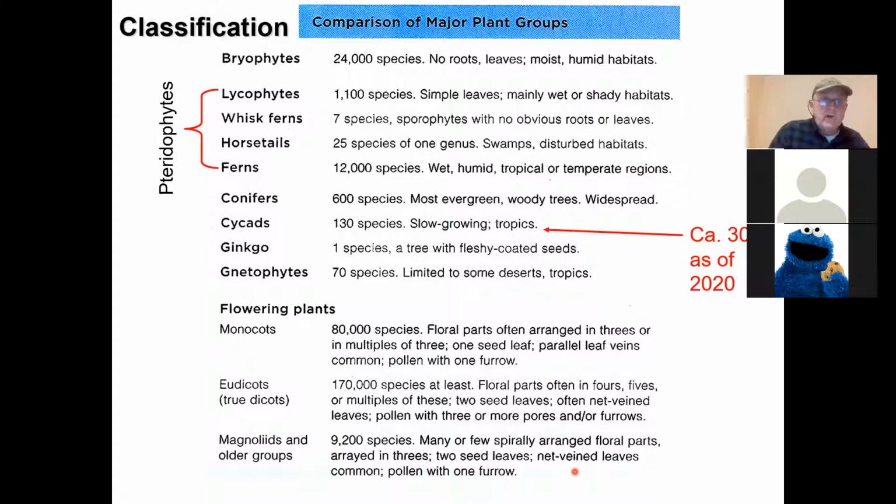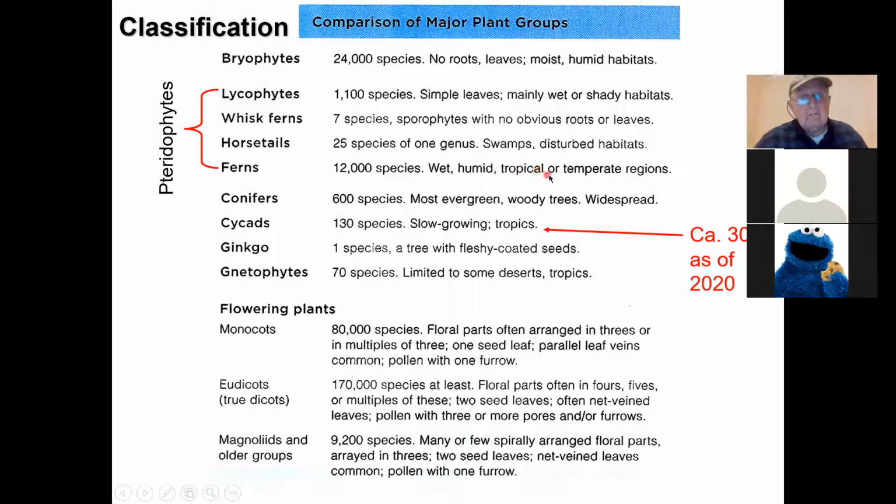The pteridophytes are collectively known as a group that includes the ferns and the fern allies. And the bryophytes are at the top, and there's 24,000 species of them. There's actually more species of bryophytes than there are pteridophytes, but most of them are tropical. So in this temperate zone, we see more pteridophytes than we do bryophytes.